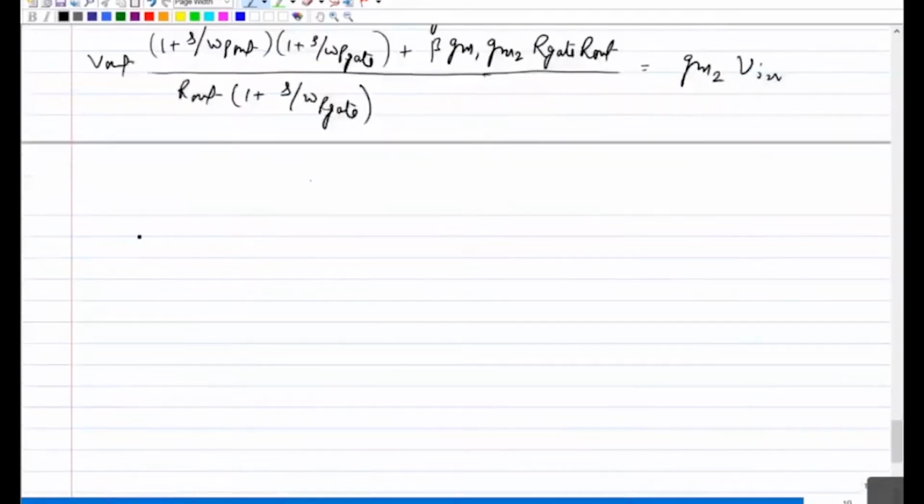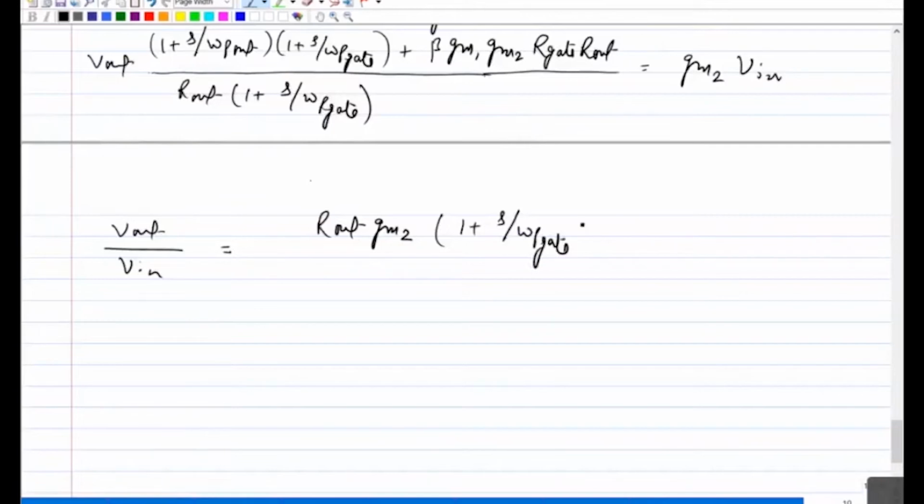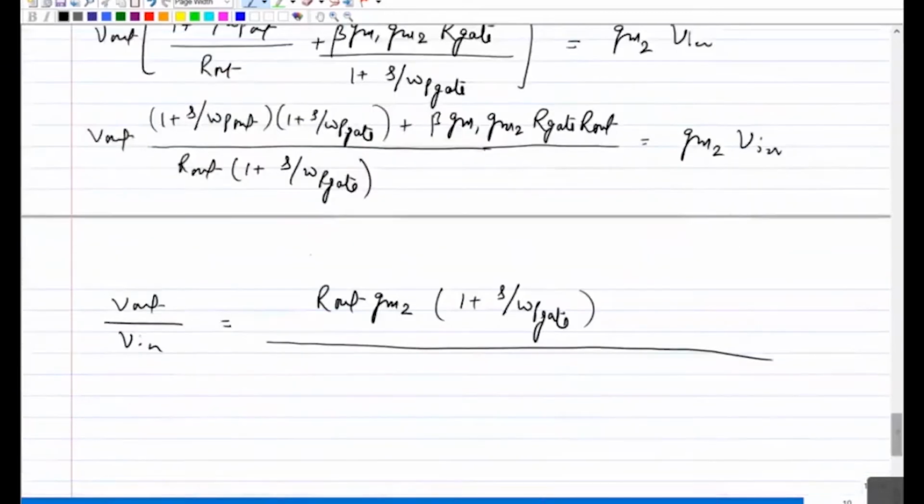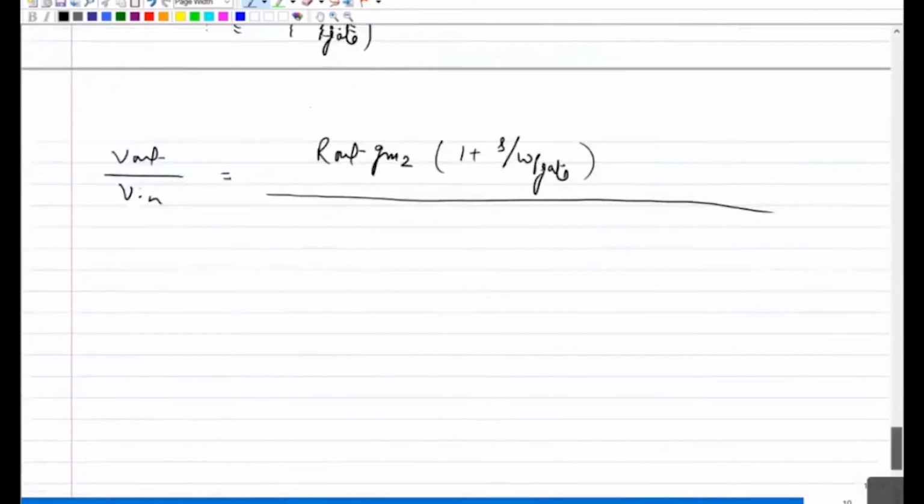And what I'm interested in is V out over V in. So this will become R out gm2 divided by 1 plus S over omega P gate, into 1 plus S over omega P out, plus gm1 gm2 R gate R out beta. Can we tell what this is? Beta naught.